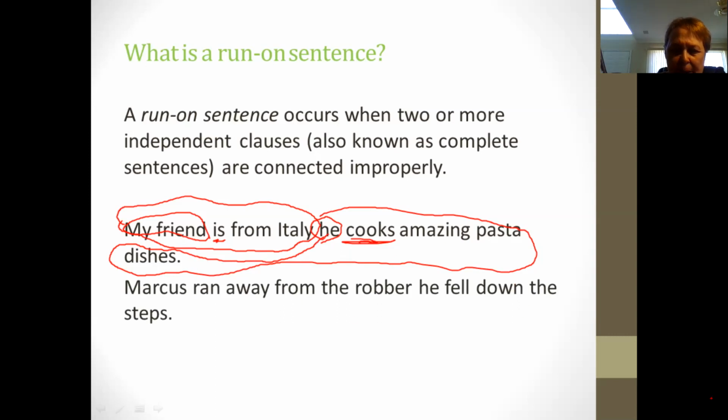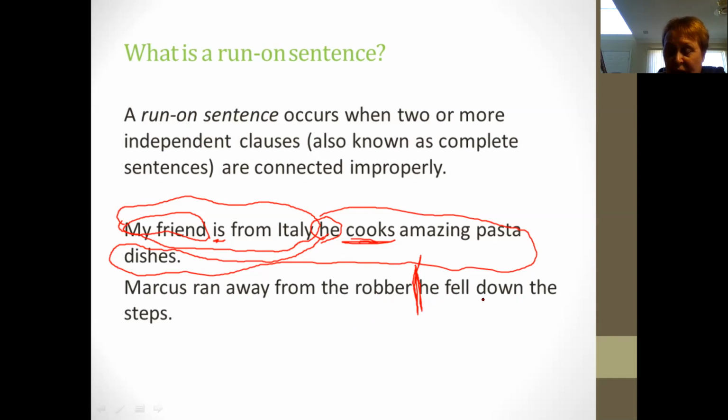Do you see that Marcus ran away from the robber is the first one, and I'm going to put a line here to show where that ends. He fell down the steps is the second one, because you've got Marcus, subject, verb, ran away, which is actually a phrasal verb there, from the robber, and then second independent clause, he is your subject, right?